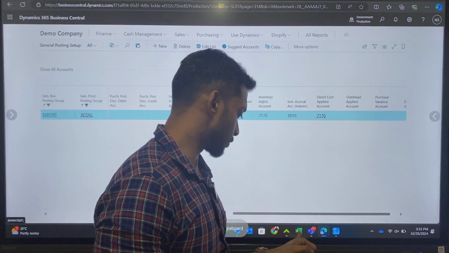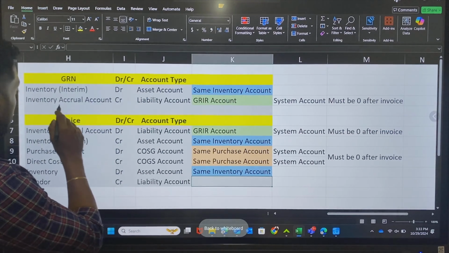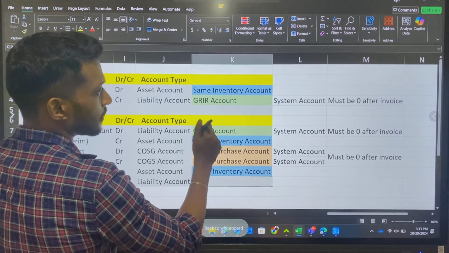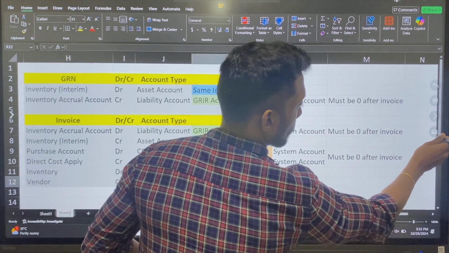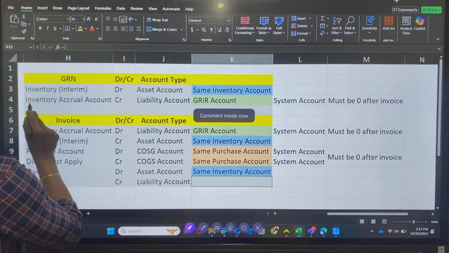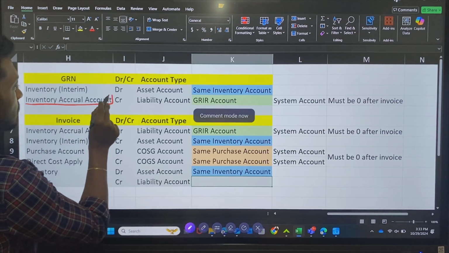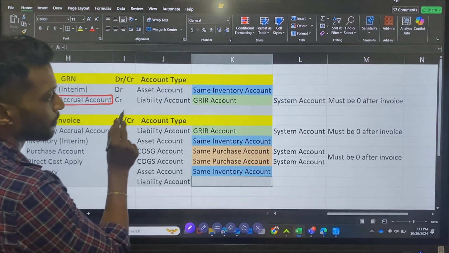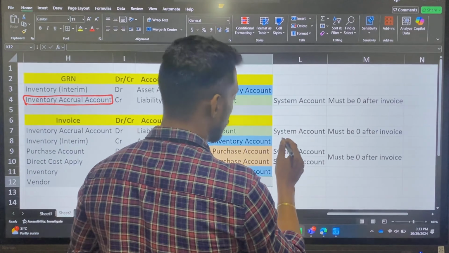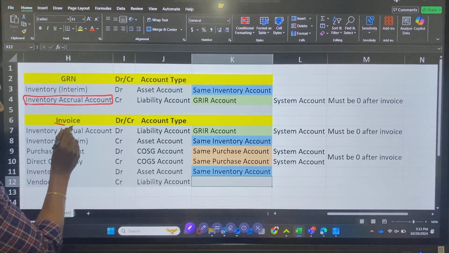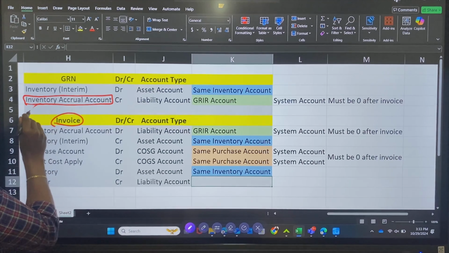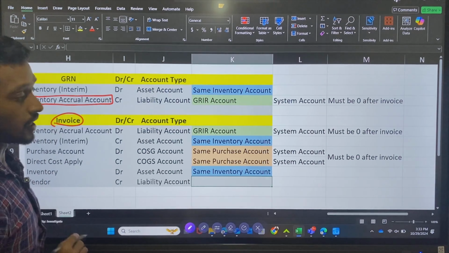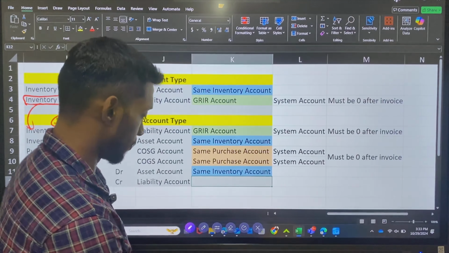That's what I explained here. And this inventory accrual account must be 0 at the invoice point. When it comes to the invoice, this account gets debit. Let's see whether it happens or not.